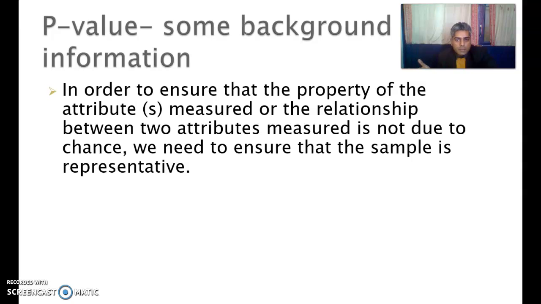In that case, we wanted to ensure that the property of the apples, that is the polish and the color, which is being measured, or maybe the relationship between the two attributes, maybe suppose color is one variable and the polish, or maybe the size, or anything that is being measured, is not just due to chance.